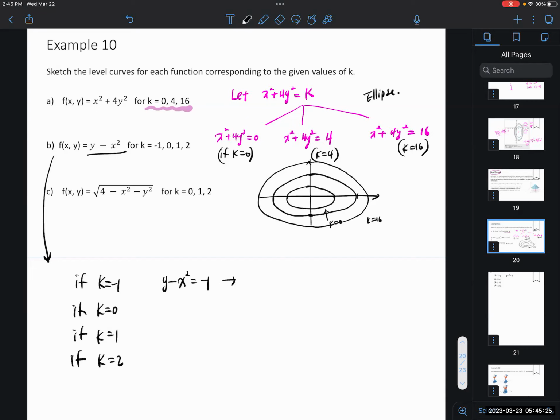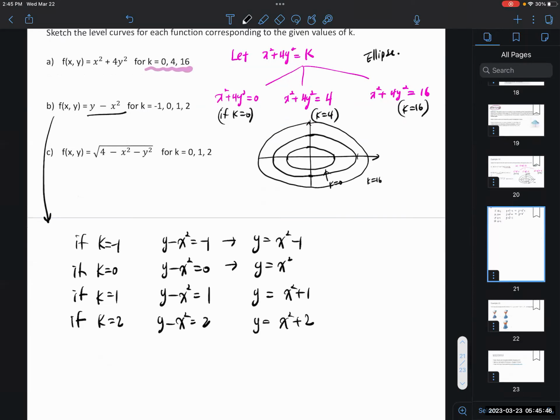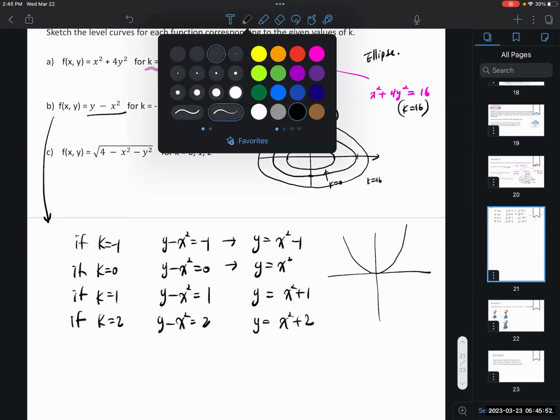So it means y equal to x squared minus 1. y minus x squared equal to 0, it means y equal to x squared. y minus x squared is 1, y equal to x squared plus 1. y minus x squared equal to 2, y equal to x squared plus 2. So if you draw this, we have a beautiful y equal to x squared, right?